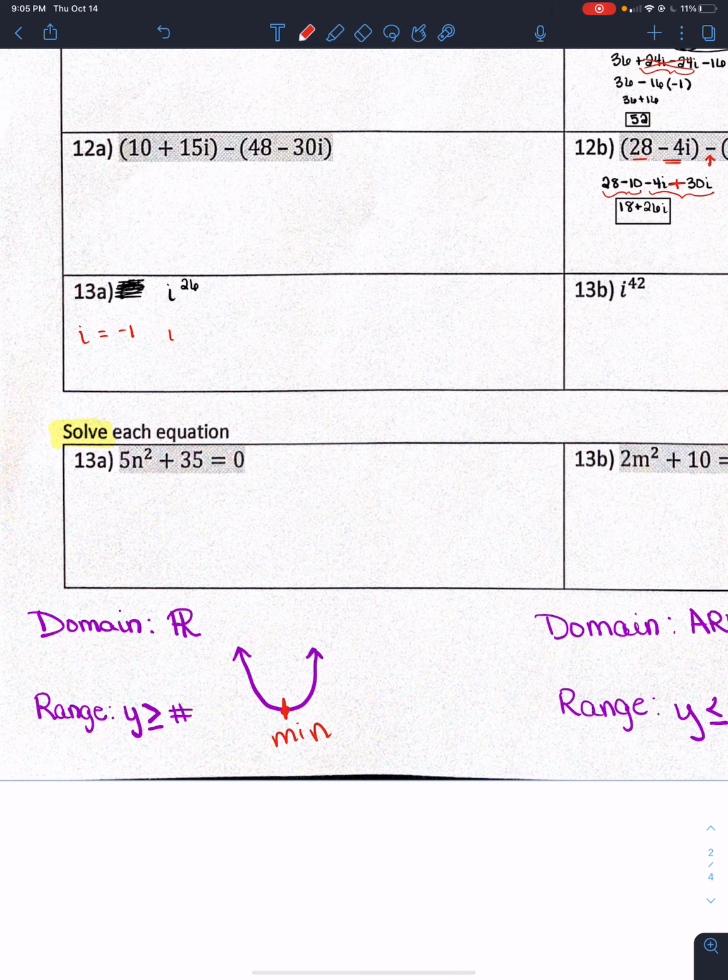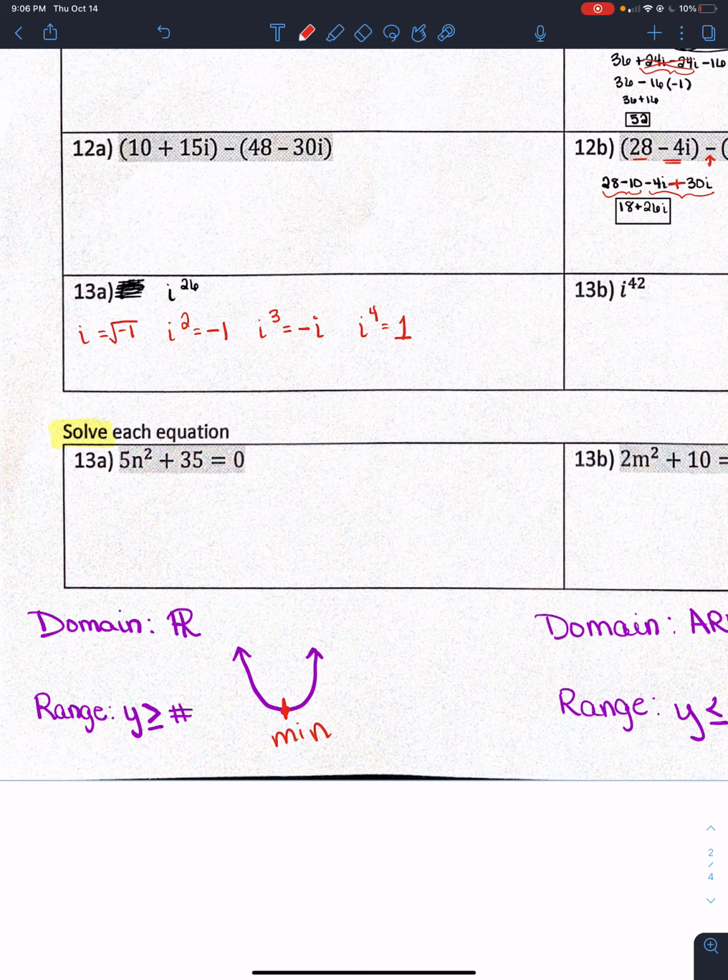We need to know that i squared is equal to -1. i to the third is equal to -i. And i to the fourth is equal to 1. Okay. And then it just keeps repeating. So the cycle keeps repeating.